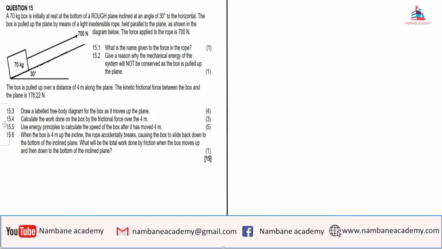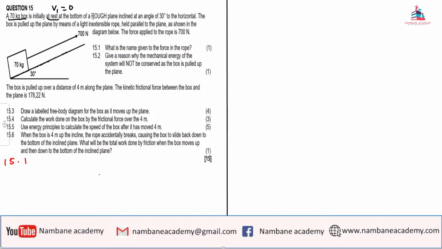Thank you very much. Let's not waste time and look into it. I'm going to start now with 15.1. Let me maybe use black. It says a 70 kg block initially at rest. So we know now V initial is equal to 0.